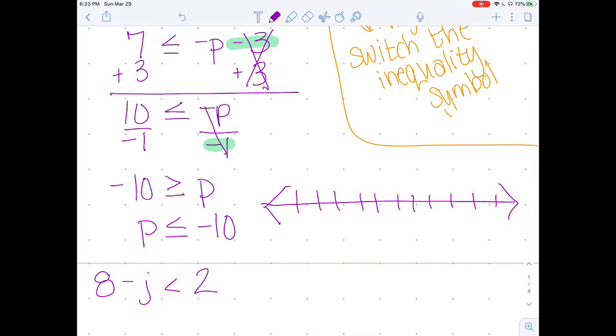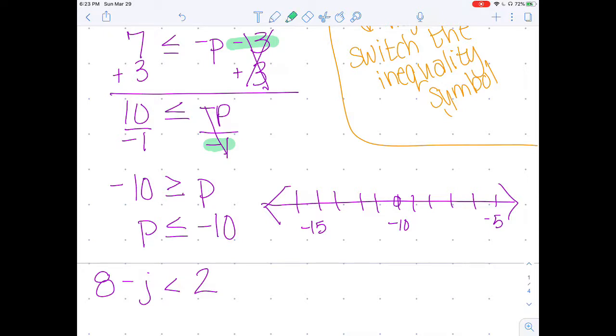And we're going to say this is negative 5, negative 10, negative 15, and so on. So first we're going to circle negative 10 because that's the number in our inequality.